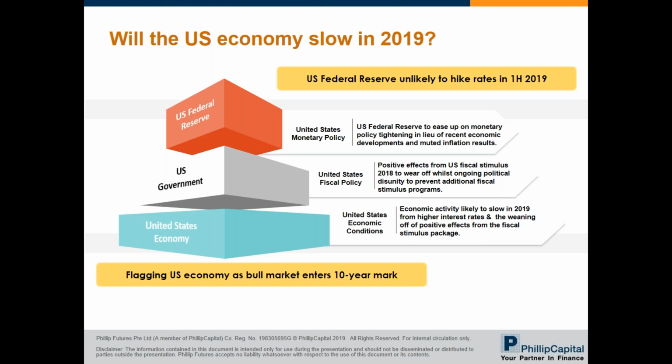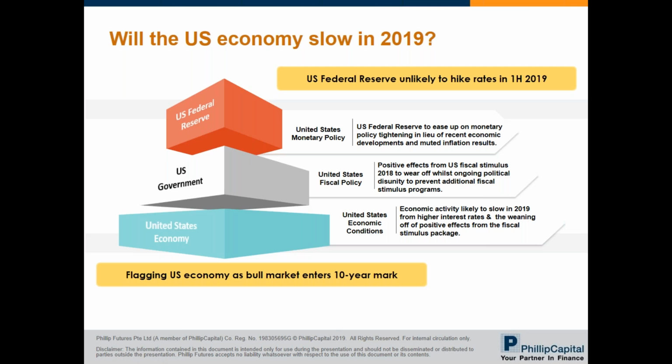Three key points. The first, I would like to stress, is that they are unlikely to hike rates in the first half of 2019, because of global growth worries and weakness. I will sum it up by saying US monetary policy tightening is likely to pause, in lieu of the recent economic developments, weakness, and of course muted inflation results.